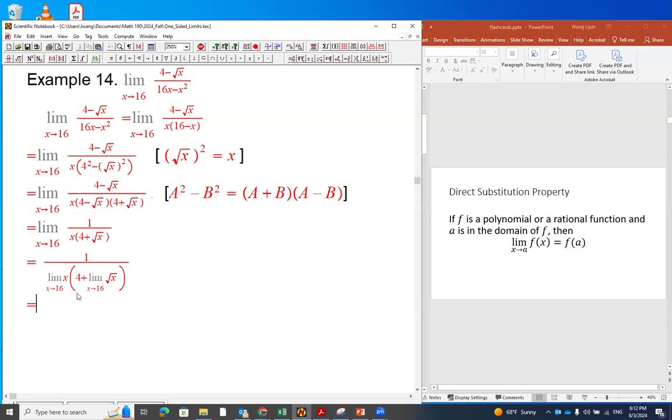In the end, in the numerator it's just 1. The denominator here is going to be 16, limit law, multiply, and root 16 is 4, 4 plus 4 is 8.